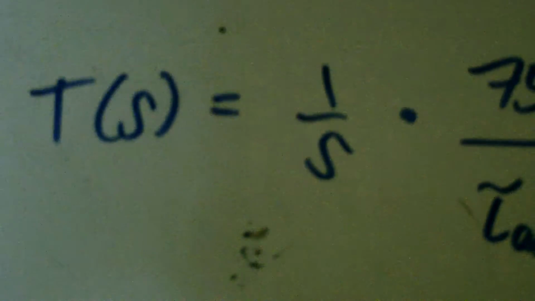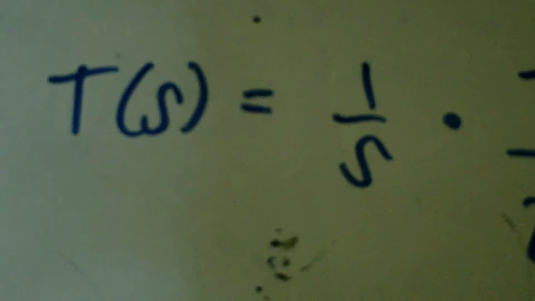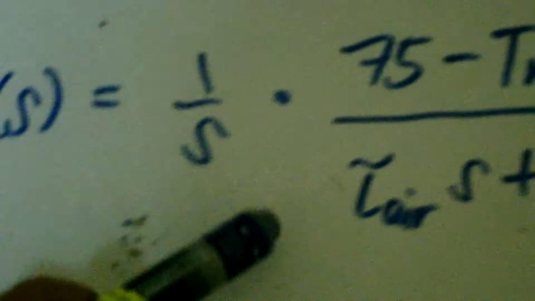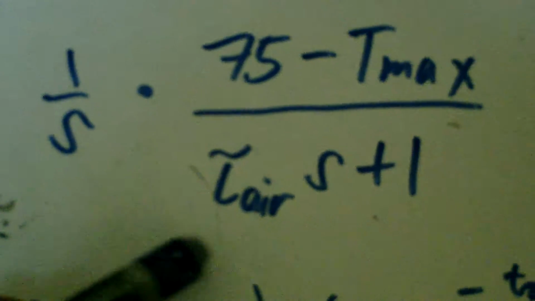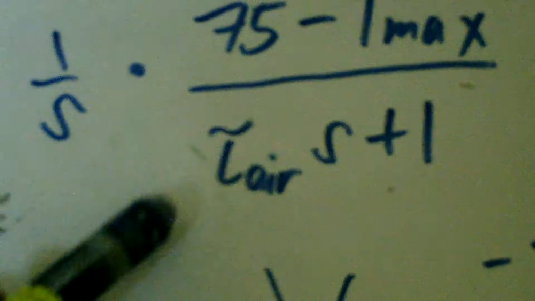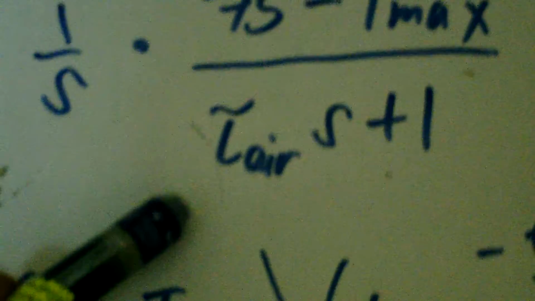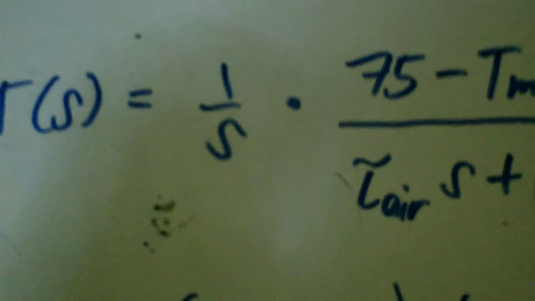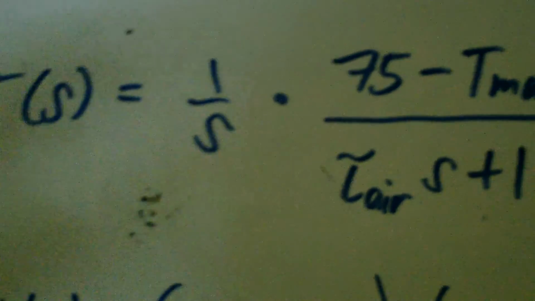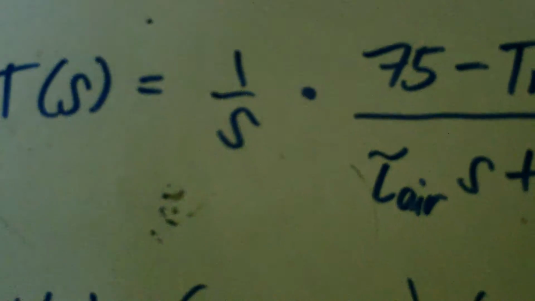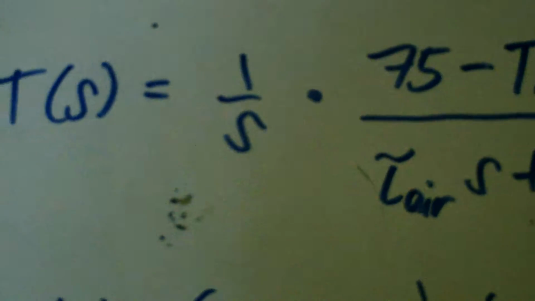Now we have the equation for the air, which is T of s equals 1 over s times 75 minus T max over tau air s plus 1. Let me remind you that the last equation was for the oil bath, and now let's focus on the air.